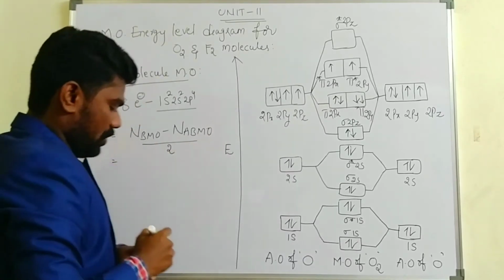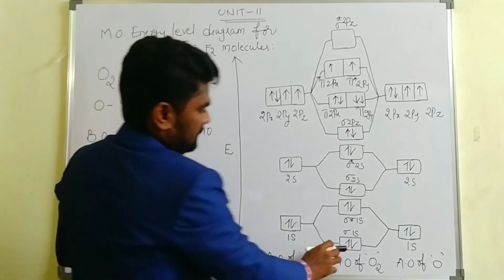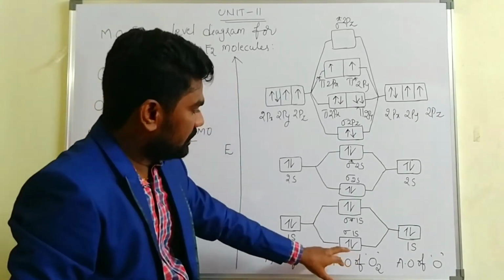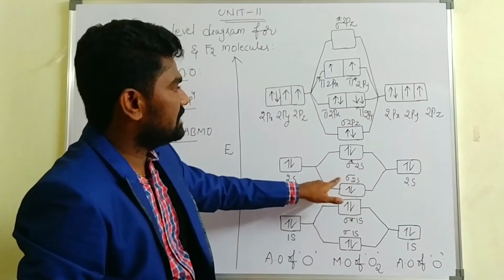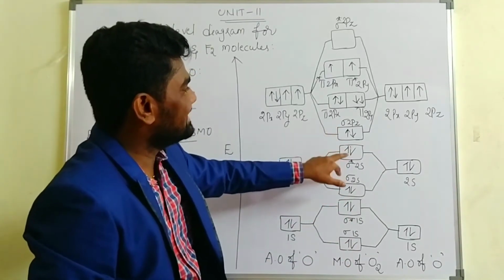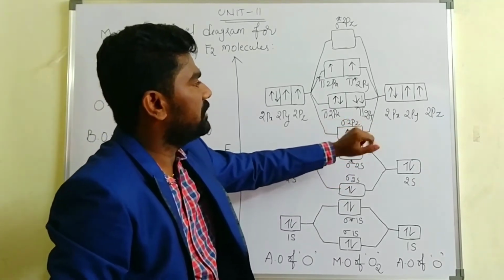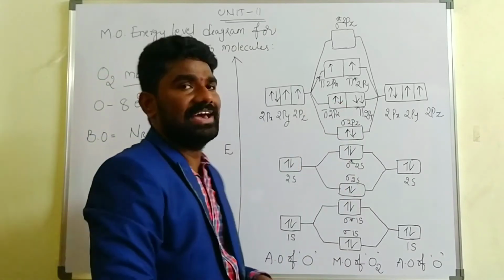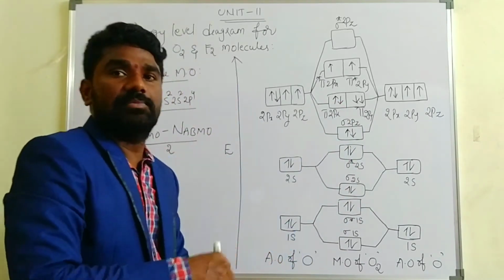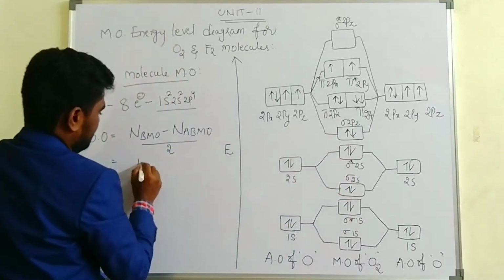How many electrons are present in the bonding molecular orbitals? Let's calculate. 2 in sigma 1s, 2 in sigma 2s, and 6 from sigma 2pz, pi 2px, pi 2py. 2 plus 2 is 4, plus 6, total 10 electrons in the bonding molecular orbitals.